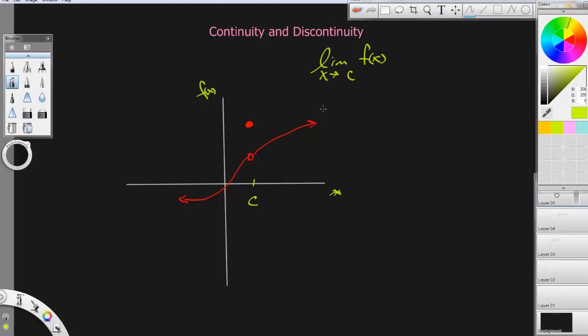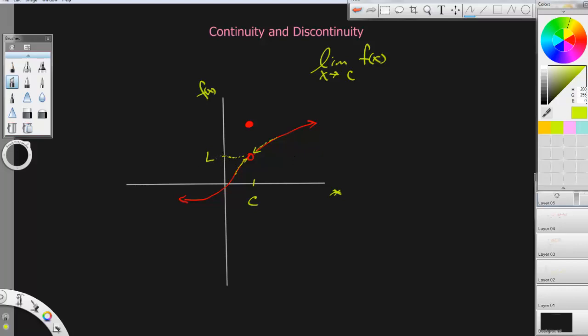Does that thing have a limit? Yes, it does. This is an example of a discontinuous graph that does have a limit, because as you approach this from this direction and from this direction, it would have a limit, and whatever that is would be right here. So this would be limit L, we'll call it.